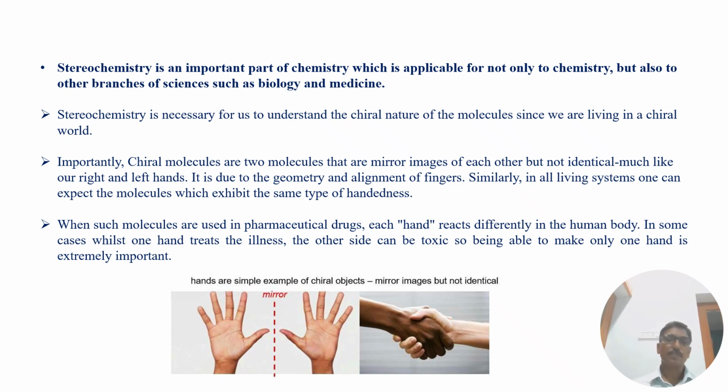In pharmaceuticals, different hands, these are called enantiomers, of a chiral molecule can have different effects. One could be therapeutic, the other possibly harmful. Therefore, controlling which chiral form is produced is critical in drug design and development to ensure safety and efficacy.